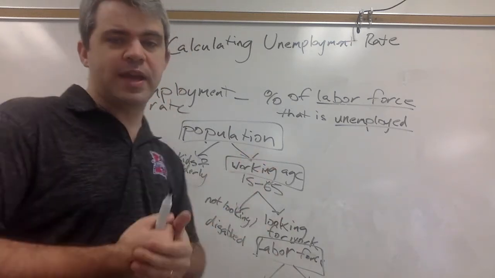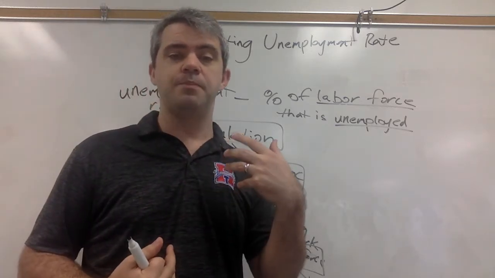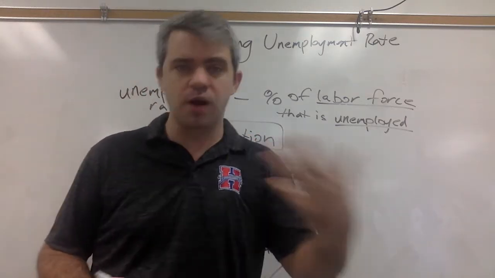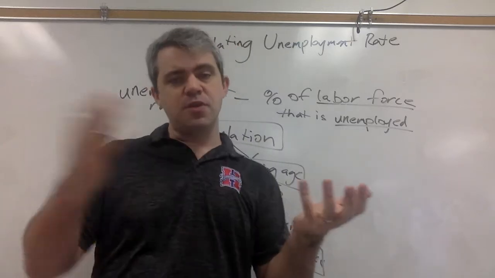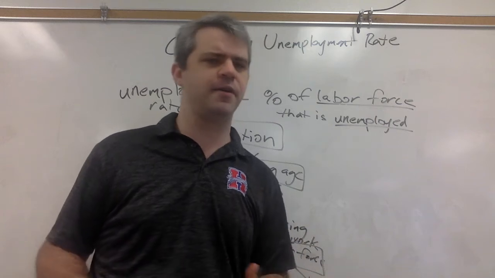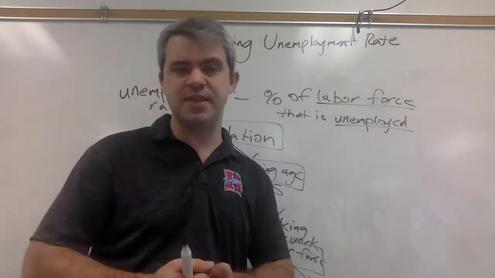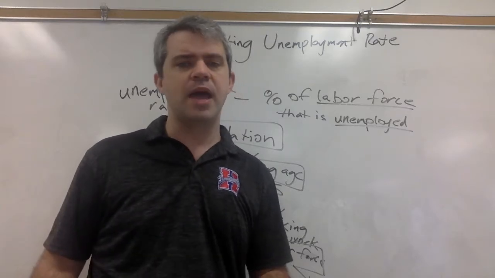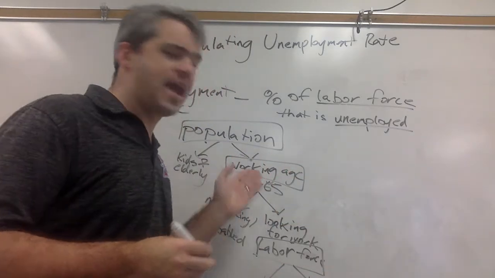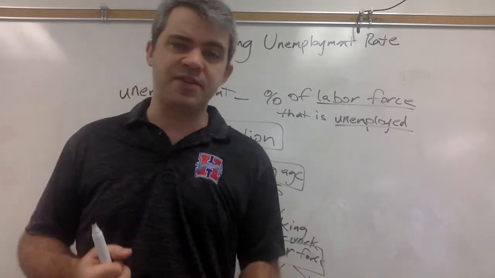Now, within this working age population, there are some people who are either looking to work or who are actually working. And then you've got other folks who are considered not in the labor force. They can be disabled folks, stay-at-home moms and dads, or full-time students. Regardless, they are working age, but they're not seeking work at this time.